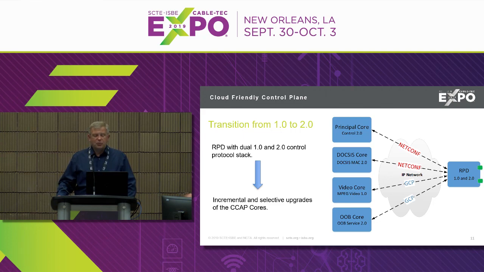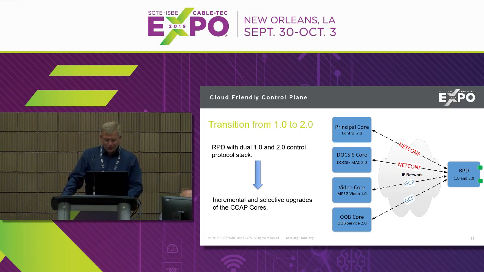So an operator could upgrade the principal core, the core that has certain central functions, to 2.0 protocol to fully take advantage of the benefits of the 2.0 protocol. At the same time, upgrade the DOCSIS core, which will also benefit from 2.0. But in order to not increase the cost of the transition, the operators can leave the video core and maybe out-of-band core at the 1.0 level, and the RPD can talk to these systems using 1.0 or 2.0, depending on the operator's choice.